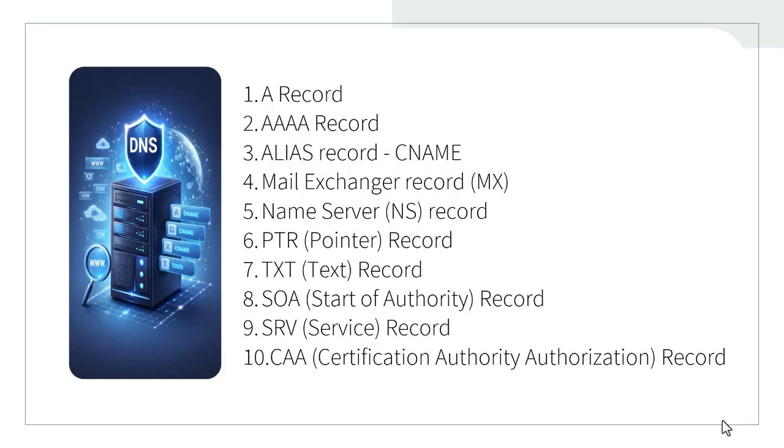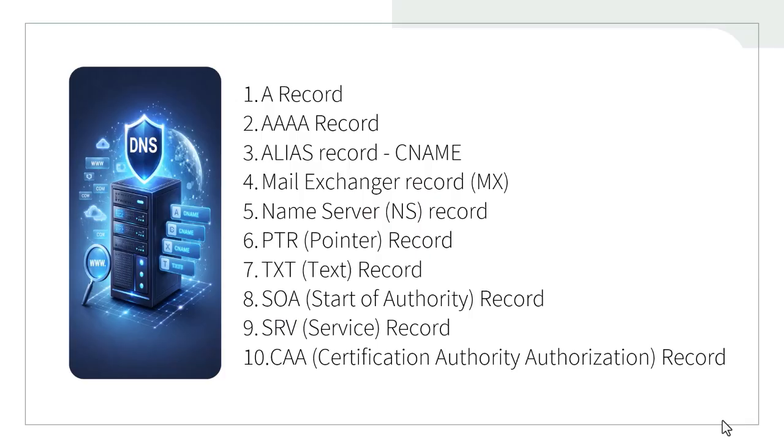The fourth one is the mail exchanger record, MX. I will show you as well, whenever we configure a mail server in our network using a mail exchange server, we have to have a record for it under MX in our DNS server. The fifth one is the name server, NS record, which we'll show later.